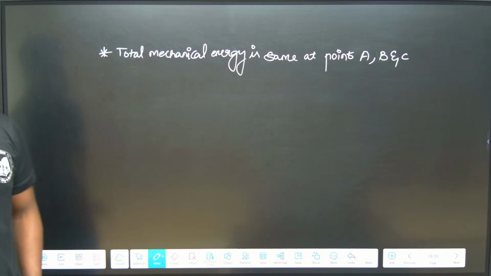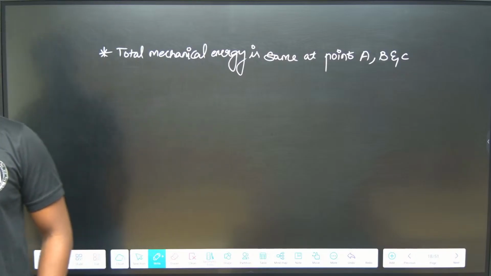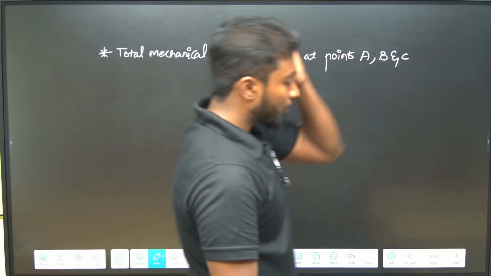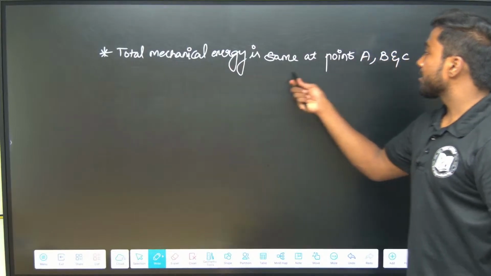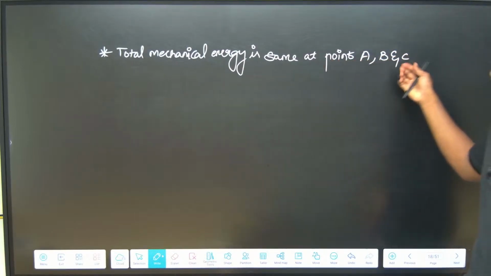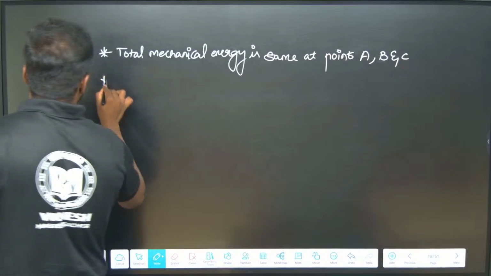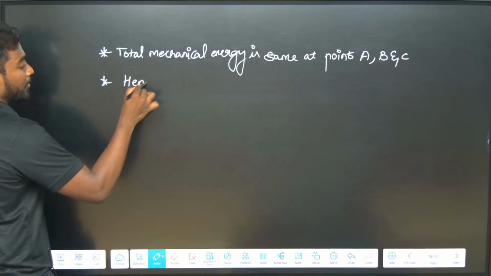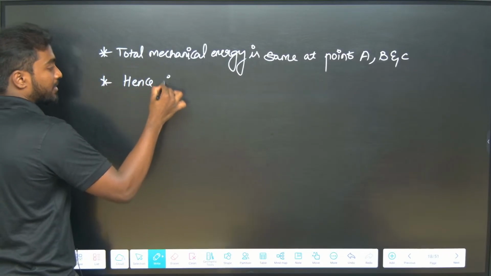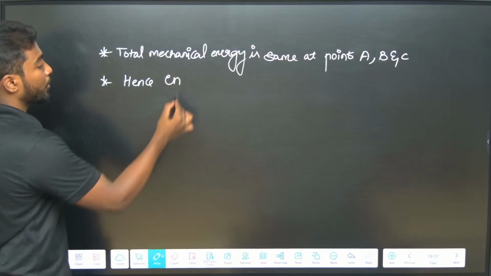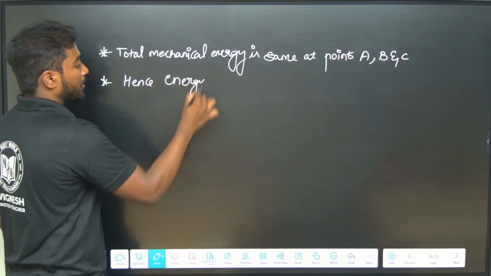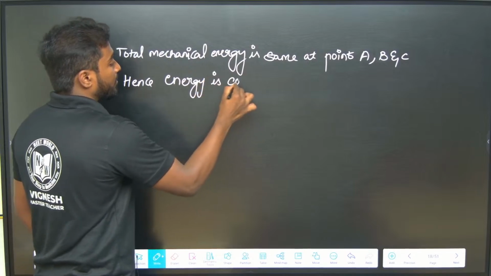That's the thing you need to conclude, okay? This is the thing you need to conclude at the last. Total mechanical energy is same at point A, point B and point C. Hence, energy is conserved. Yes, that's the thing you need to write. Energy is conserved.